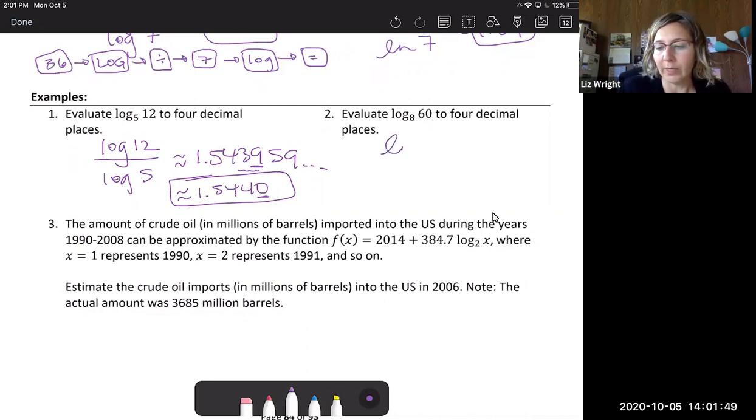All right, for this one over here, I'm going to do natural log of 60 divided by natural log of 8. On your mark, get set, go.